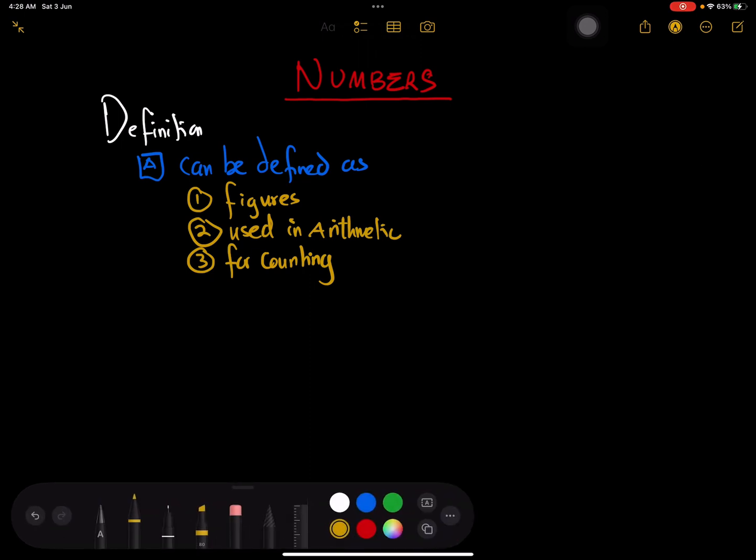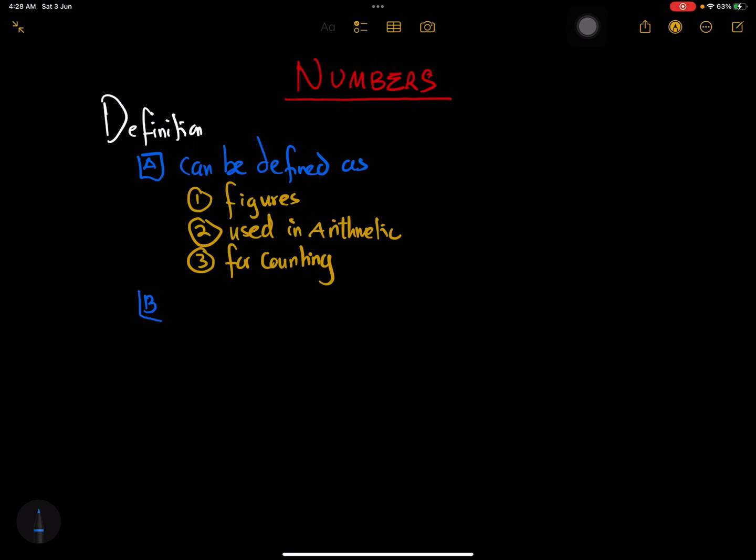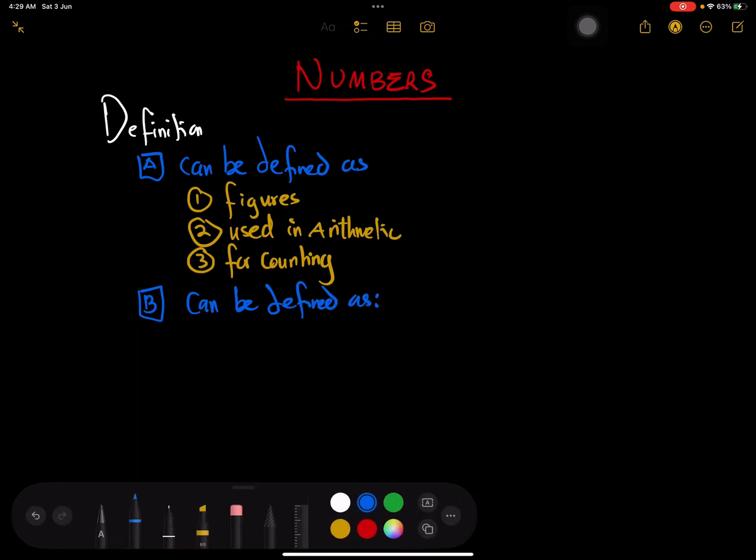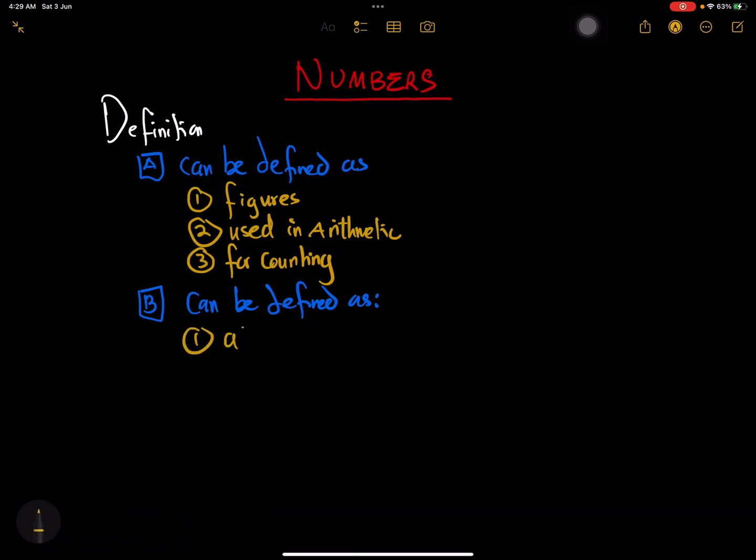Now we can look at the second definition, and numbers can also be defined as, number one, all real numbers. Two, used for performing operations.